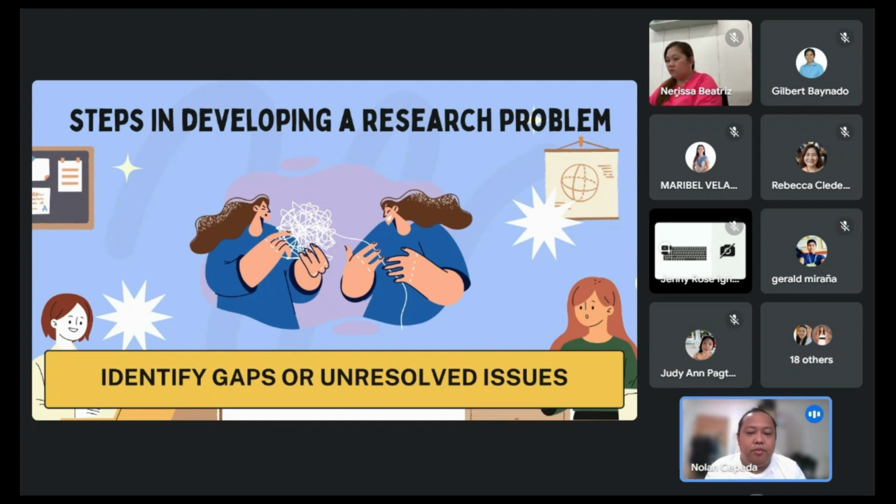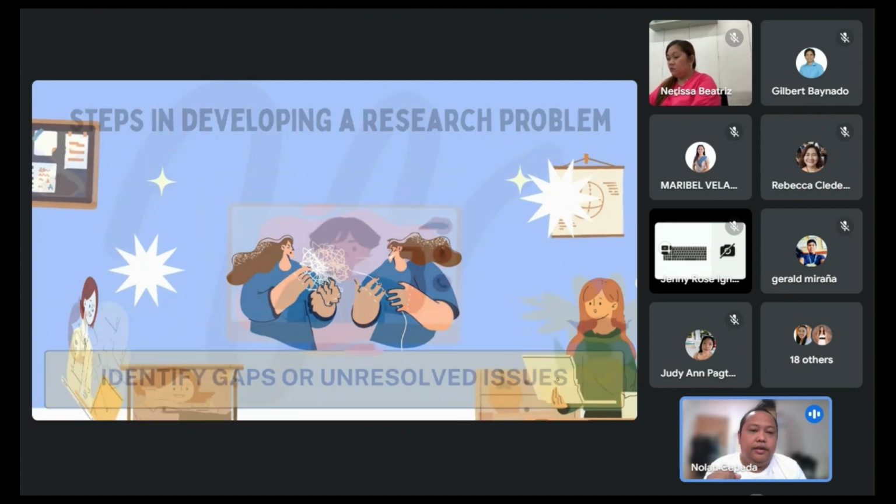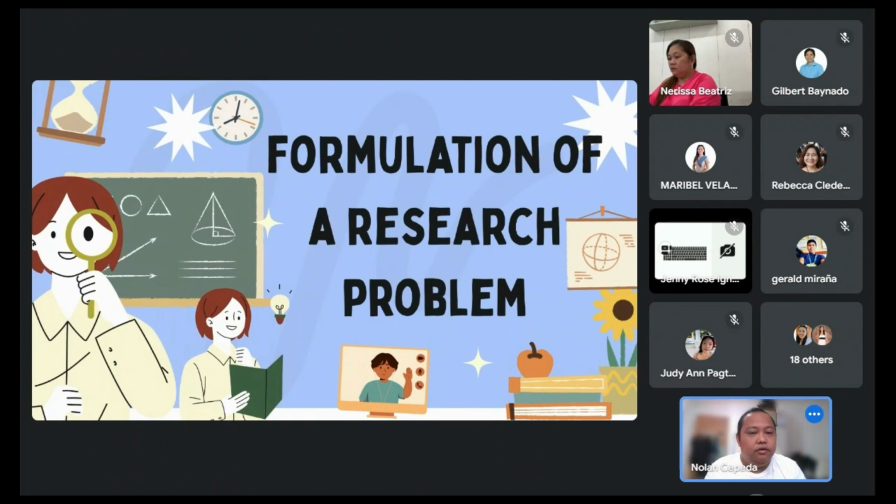So dito pumapasok yung pag-identify natin base dun sa personal experiences, ano yung mga commonly na na-encounter natin na problem. So this is a good opportunity for us to look for a specific problem, then provide a solution. So the next is formulation of research problem.